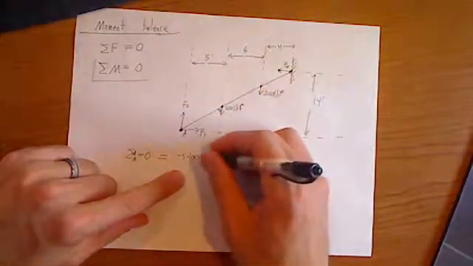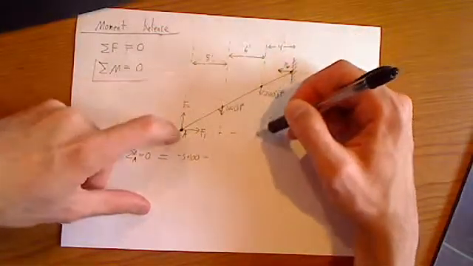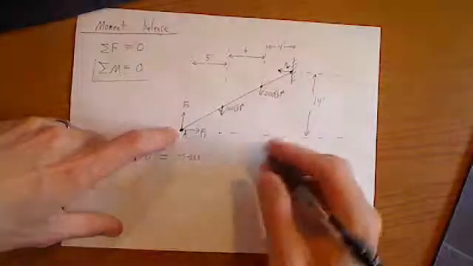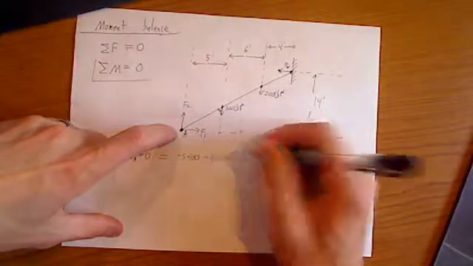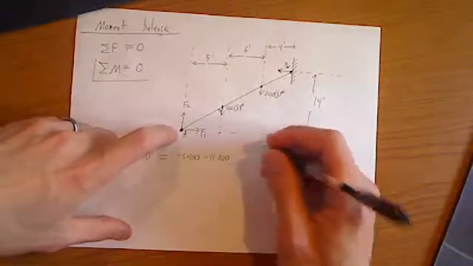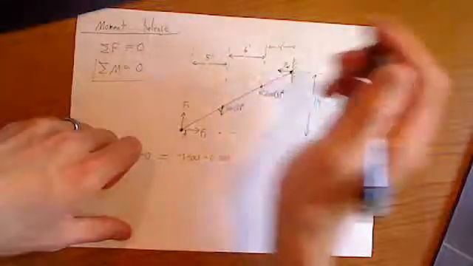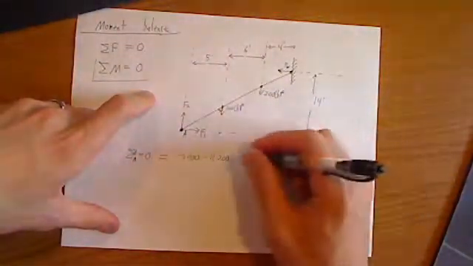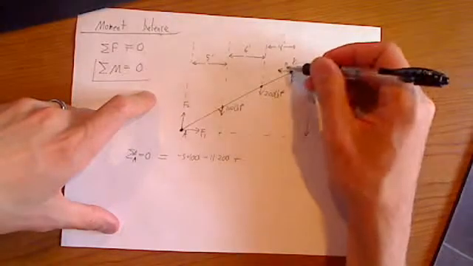Likewise for this one, minus, in this case it's 11 feet between the line of action of this force and A, times 200. Notice these are negative because they're rotating in the negative direction. And then we add up FW.